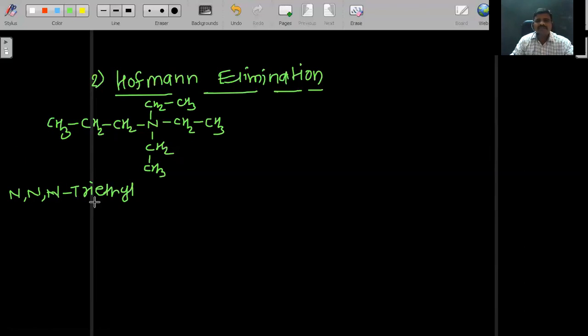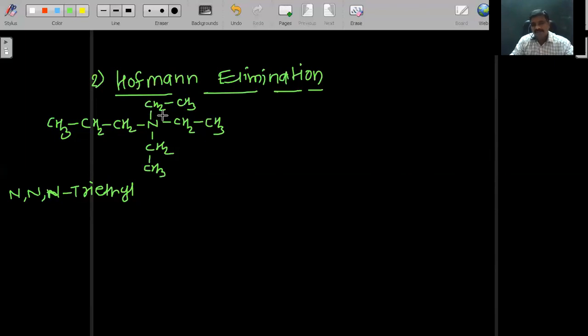What is the meaning of N,N,N-triethyl? Three ethyl groups are attached to the nitrogen, so N is repeated three times, and ethyl with three means triethyl. This is the parent alkane, and in that chain three carbon atoms are present, so it is known as propanamine.